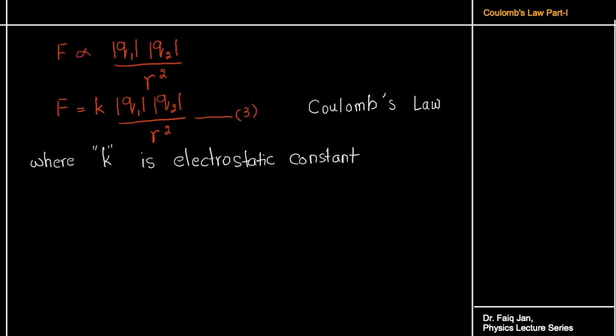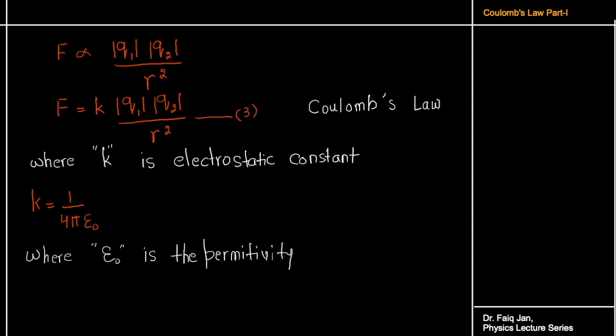Historically, k is given by 1 by 4 pi epsilon naught, where epsilon naught is the permittivity of vacuum or air.